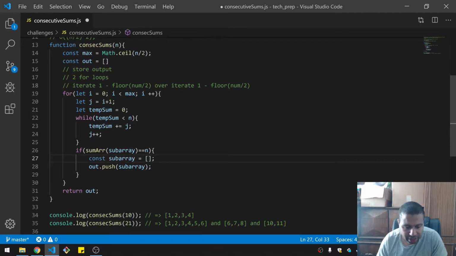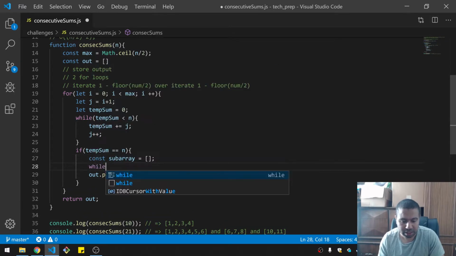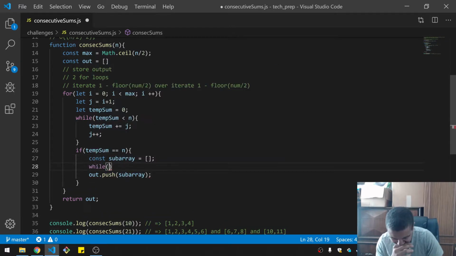So if you find that temp sum is equal to n, well then you can create your array at that point using i plus 1, which is the starting point for j. Actually, current j.